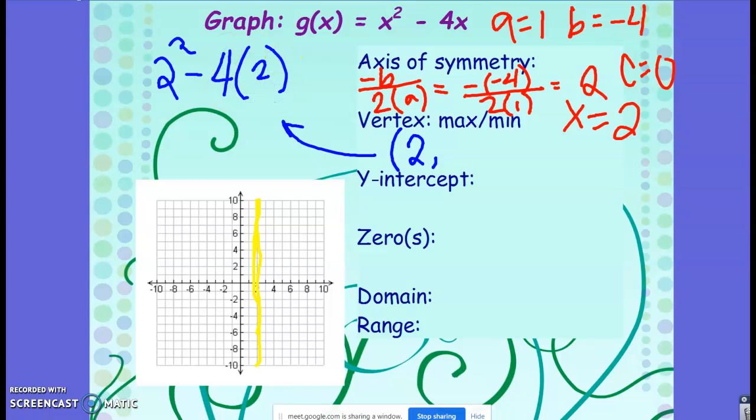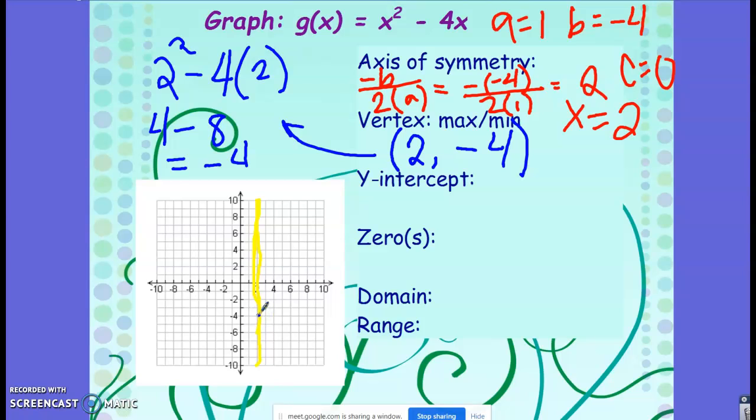And that'll give me my y value of my vertex. So 2 squared is 4. 4 minus 4 times 2 is 8. PEMDAS still counts, or GEMDAS, whatever you want to call it. And that gives me negative 4.